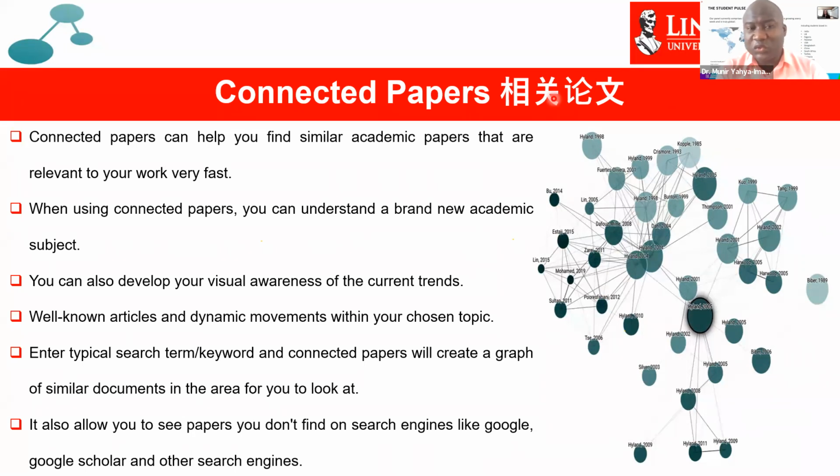Then all you need to do is to enter a typical search term or keyword, and Connected Papers will create a graph of similar documents in the area for you to look at. And it also allows you to see papers you don't find on search engines like Google Scholar and others. Okay, these, among others, are the advantages that can be derived from Connected Papers.